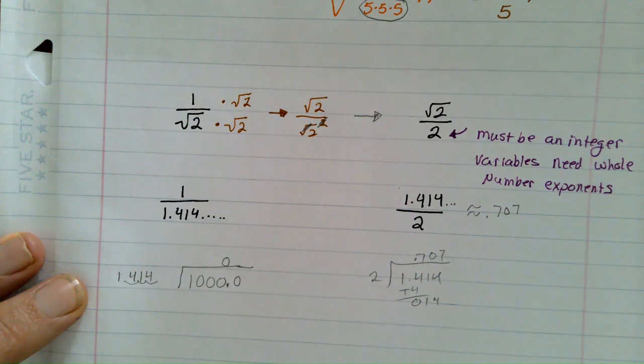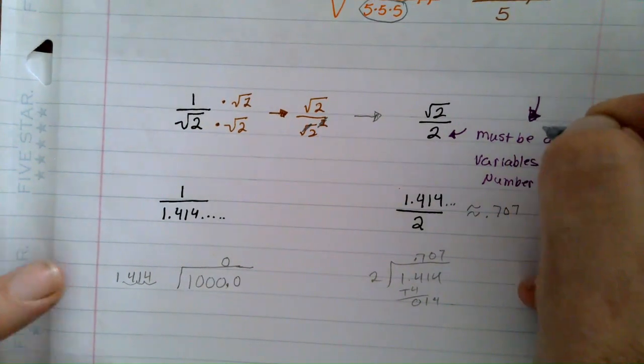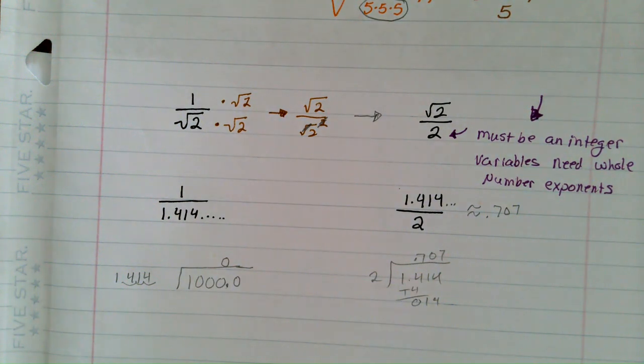So your equation is not reduced until this happens every single time. Again, why do we do it? It's because of history, but it has to happen every single time. Integers and whole number exponents.